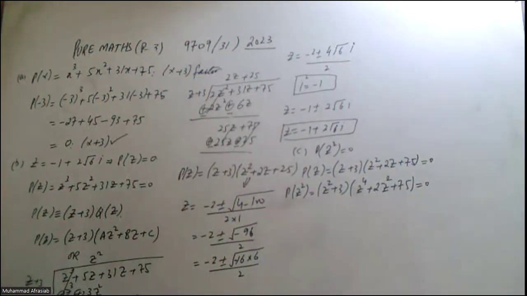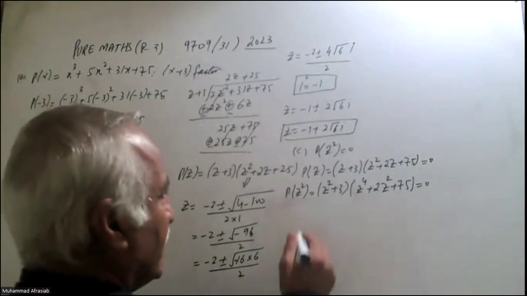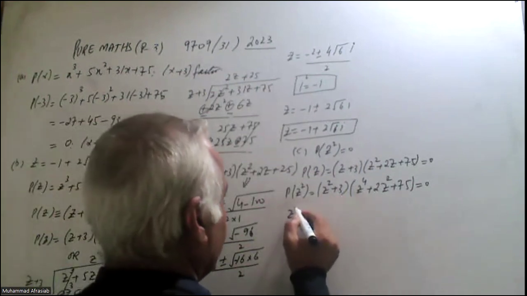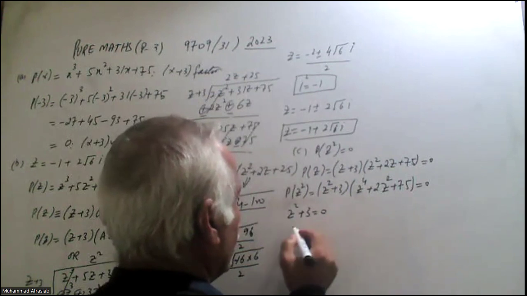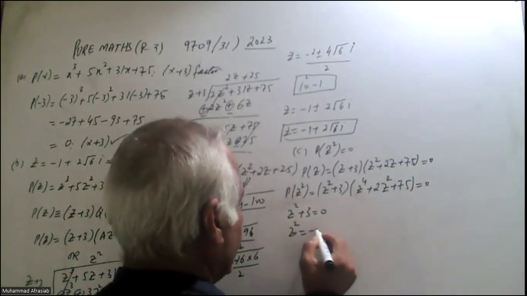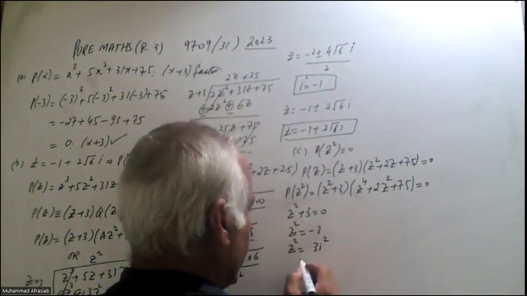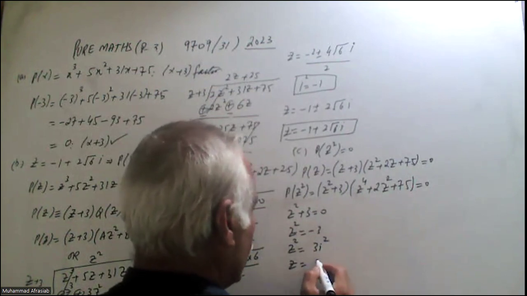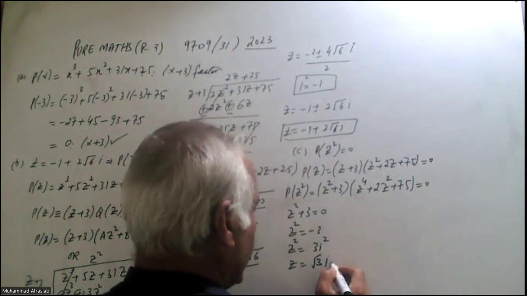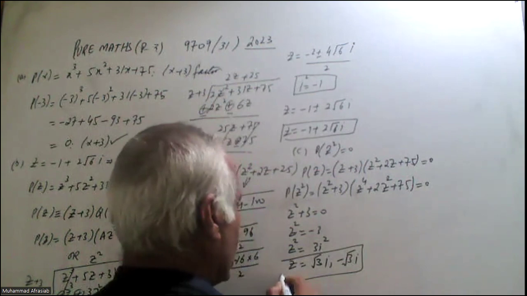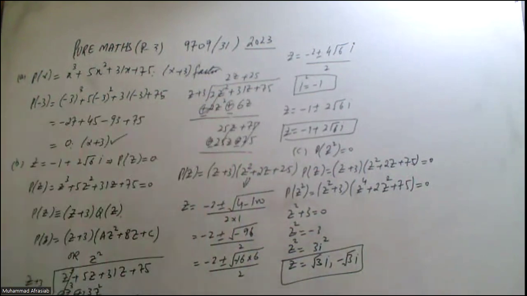Now you make the factors. If z squared plus 3 equals 0, then z squared is equal to minus 3, or z squared is 3 iota squared, so z is plus root 3 iota and minus root 3 iota, the two answers of this first factor.